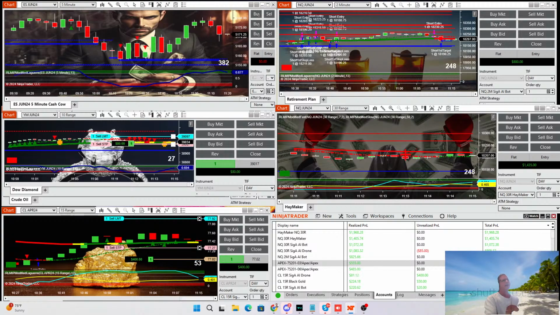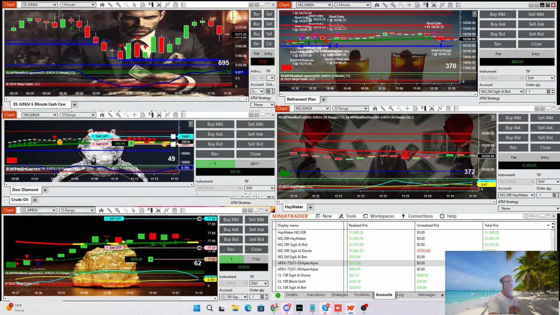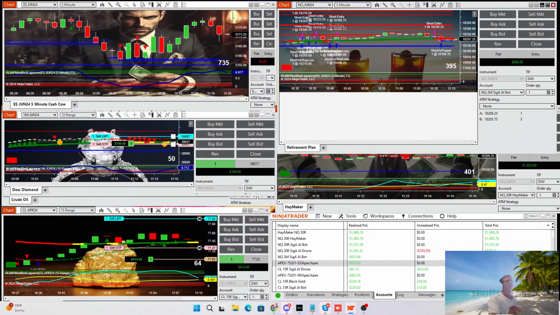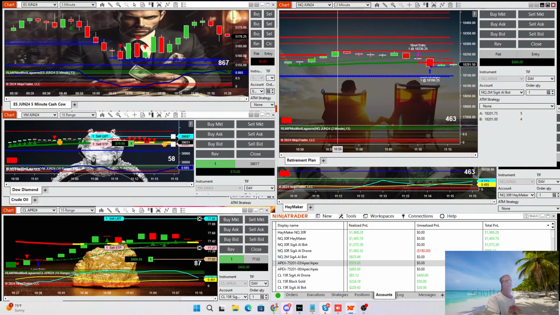Now the 2-minute. Caught. Look at that. Now our retirement plan very quietly went up 880. Just got into this short entry.